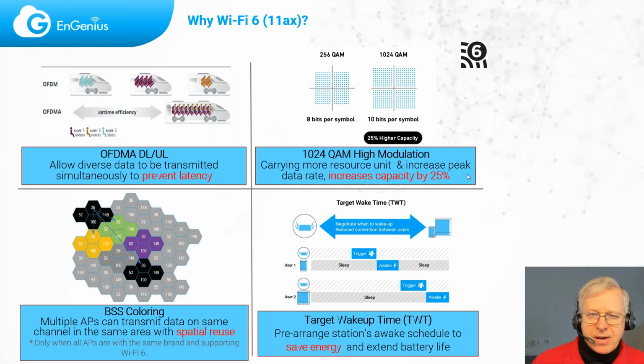It also increases capacity by a bit compared to AC, and even more against N, of course. We have something called BSS coloring, which will enable a better use of the same channel.